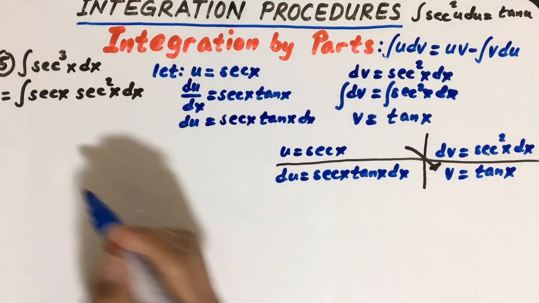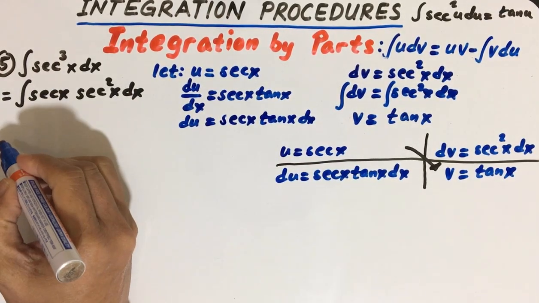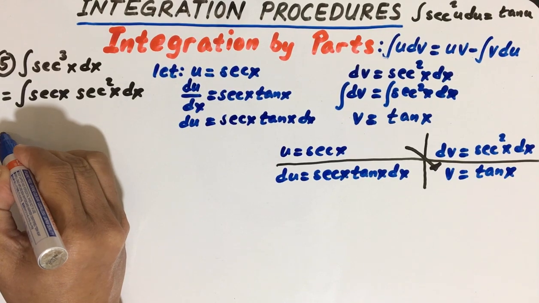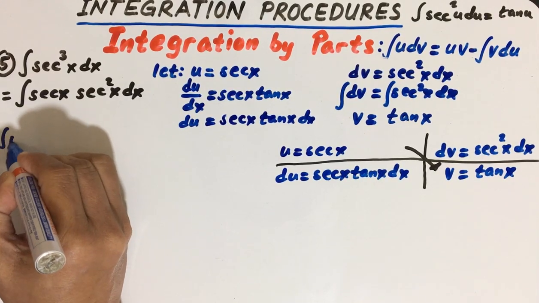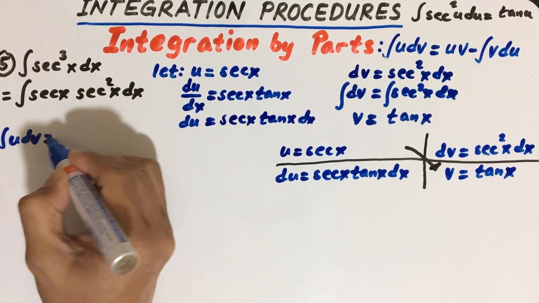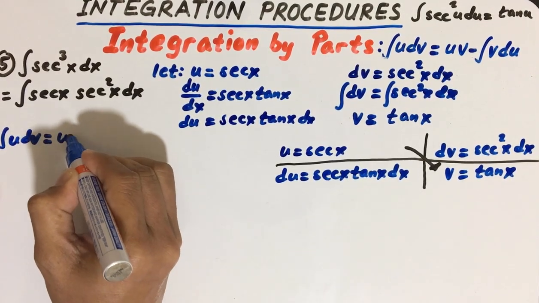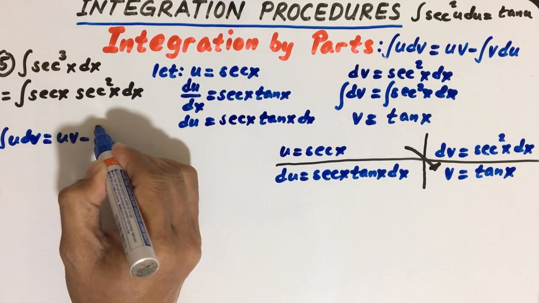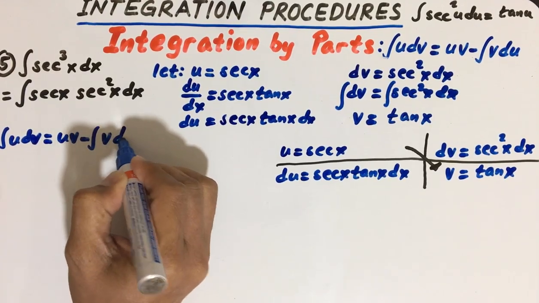Alright, so I will rewrite the formula here. We have the integral of u dv equal to u times v minus the integral of v du.